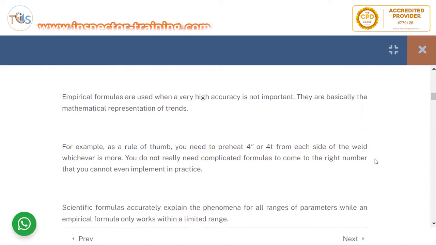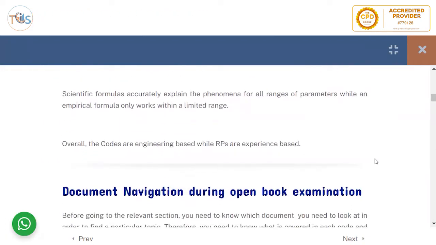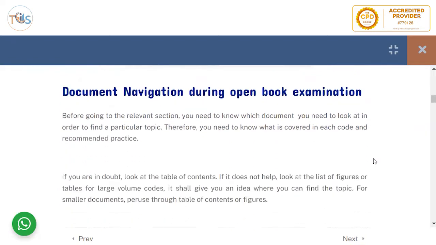For practice, you do not really need a very complicated formula to come to the right number and all that. So in my opinion, the codes are mostly engineering based, while RPs are experience based.